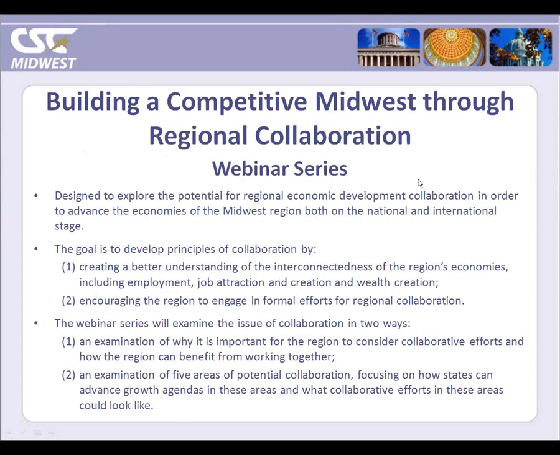At last year's Economic Development Committee, chaired by Representative Celeste from Ohio and Senator Valley from South Dakota, it was the consensus of the committee to explore a handful of ideas and a handful of issues in which the Midwest region could look for some common ground in regards to more collaboration in our economic development policies.